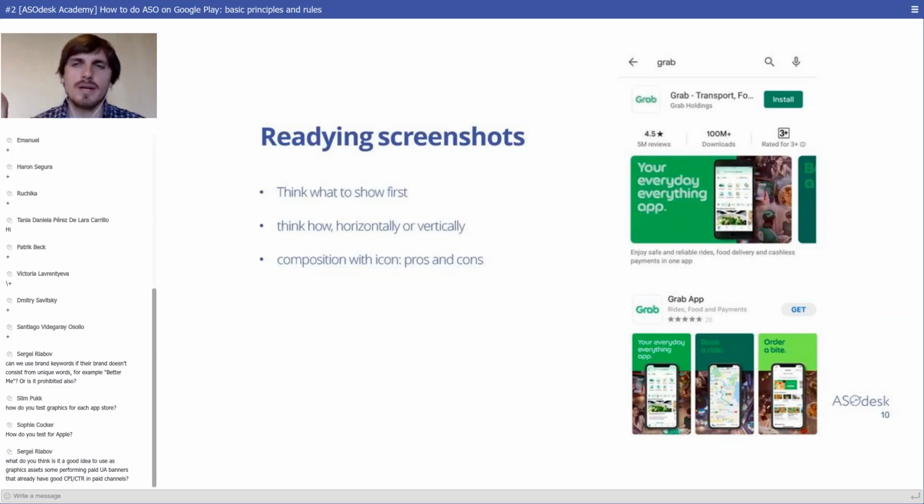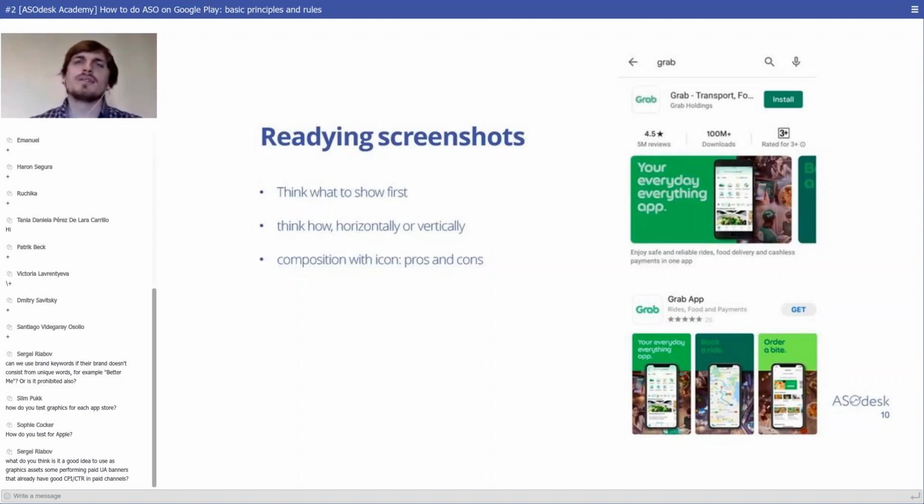When the user hits your app page, we need to deliver some important message about the features of our app. So when talking about screenshots, I'm always thinking about delivering a message to the user, to continue this conversation from icon through screenshots to install.